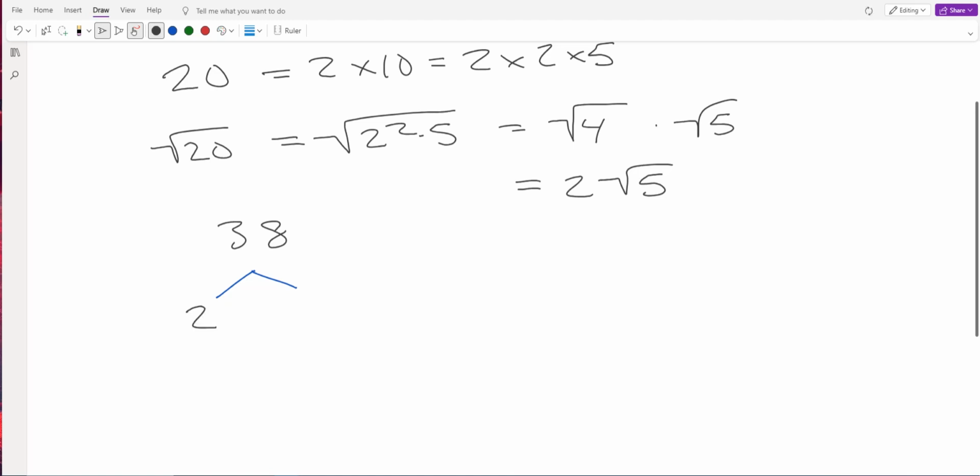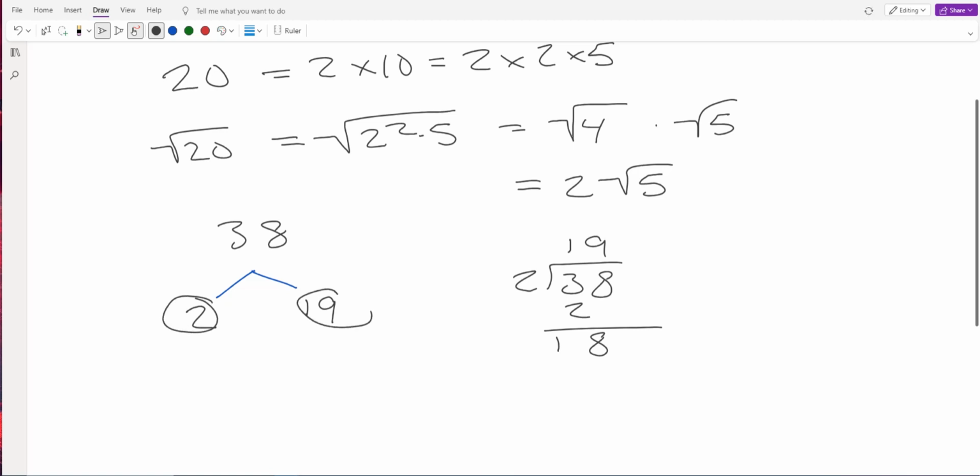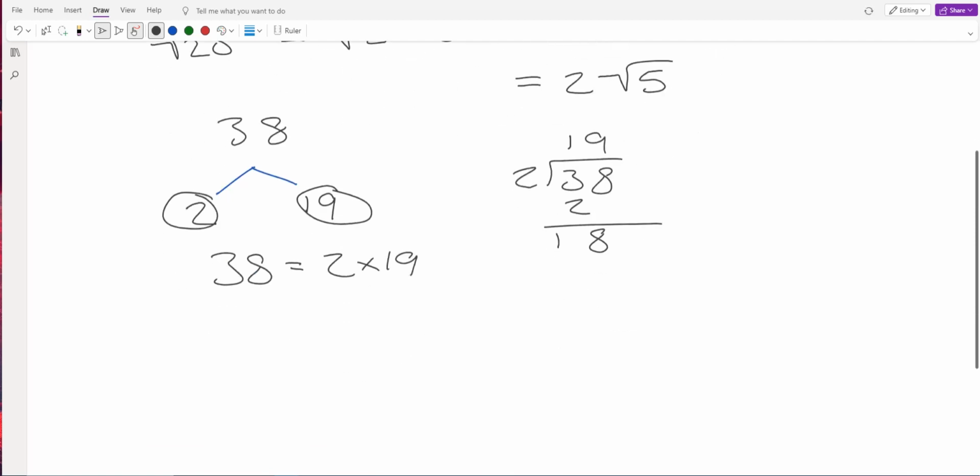And you can go ahead and do a little division real quick if you need to. And the other one is 19. So this breaks down into 2 and 19. 19 is a prime number, so it's done. So 38 would be equal to 2 times 19, which we know is true, and both of these are also prime.